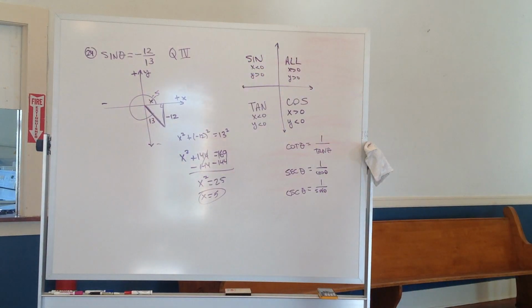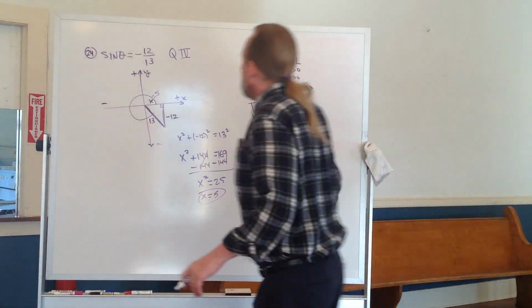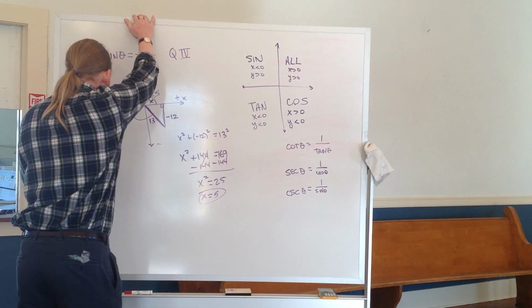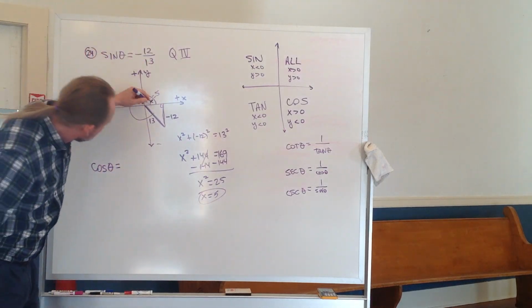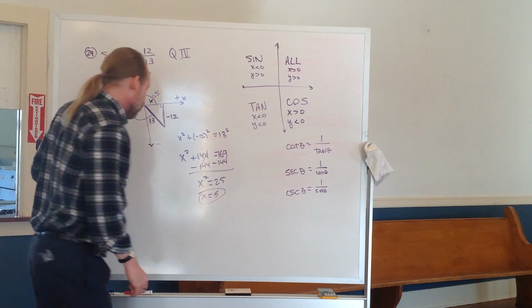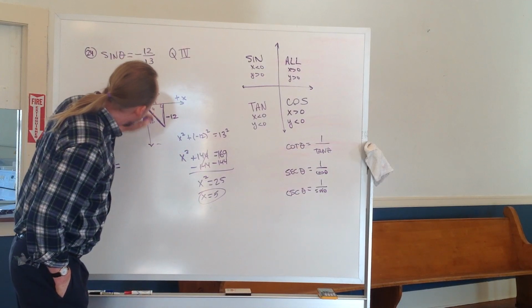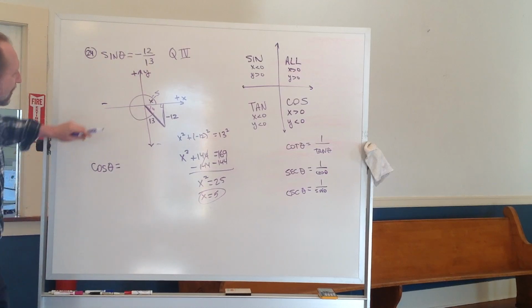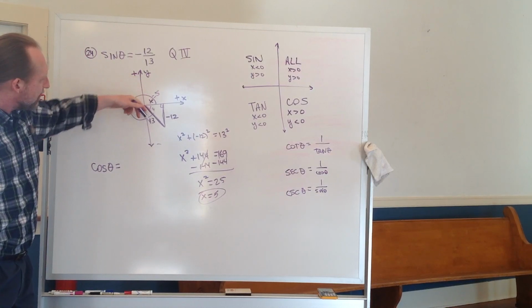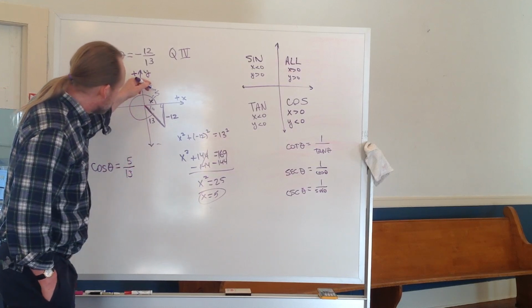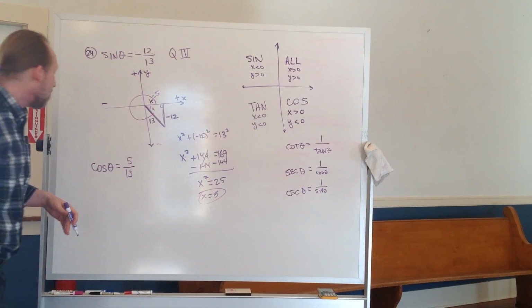And what do we need to do? We already know the sign. Now we can say that the cosine of theta, we can base this off of our reference angle. The cosine of that angle is going to be 5 over 13, and it's positive because both x and the hypotenuse are positive.